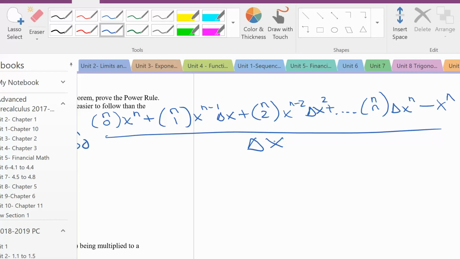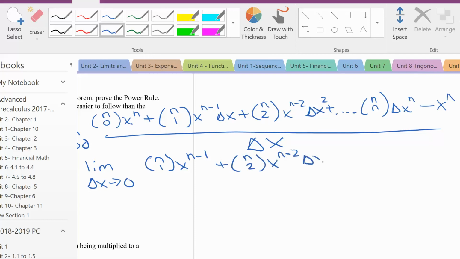Well, when you factor out the delta x's, you get the limit as delta x approaches 0 of n choose 1, x to the n minus 1, plus n choose 2, x to the n minus 2, delta x, plus, and then you can continue dot dot dot, n choose n of delta x to the n minus 1.